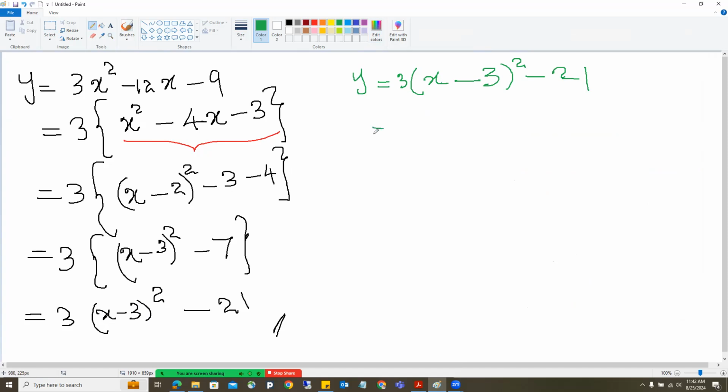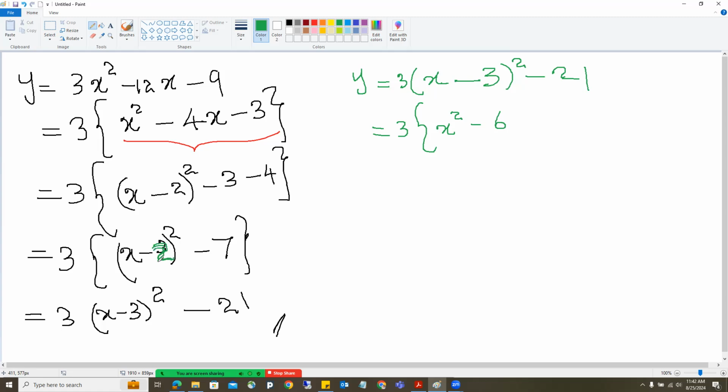Now what will happen? 3 times, okay, x squared. Isn't it x minus 2? It's supposed to be x minus 2, right? Okay, that's what you are saying.